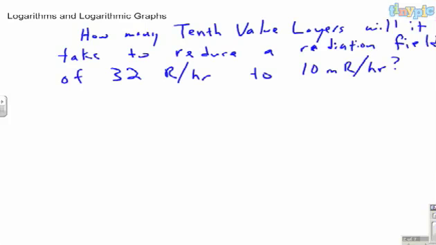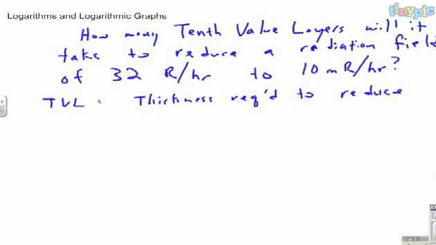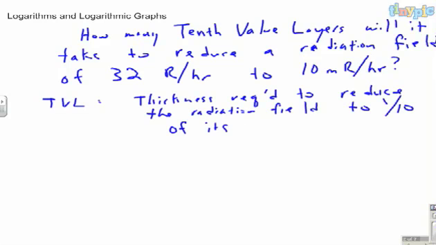And the definition of a 10th value layer, which we normally abbreviate TVL, is the thickness required to reduce the radiation field to 1/10 of its original value.